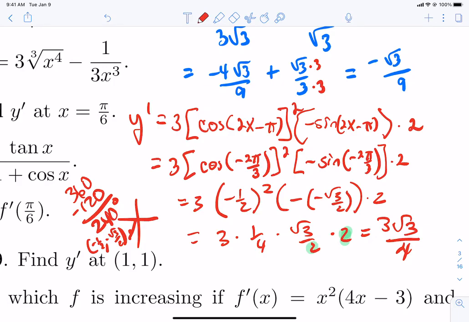I have a question. Sure. So would the 2 go into the pi over 6, making it pi over 3? Yes, that's what I did. So what I got in that parenthesis, I got 2 pi over 6, which became pi over 3 minus pi, which became negative 2 pi over 3.